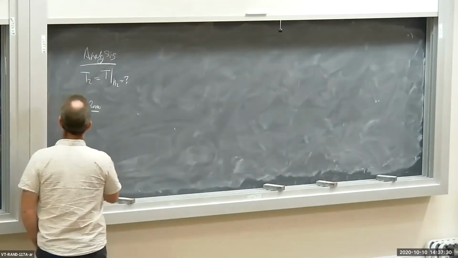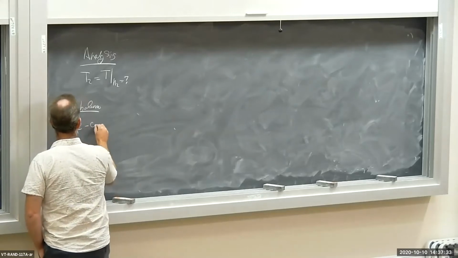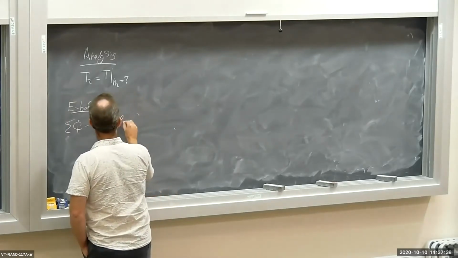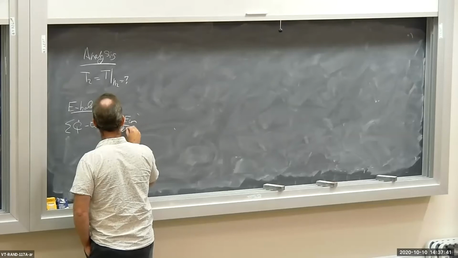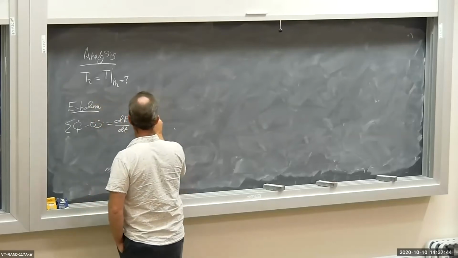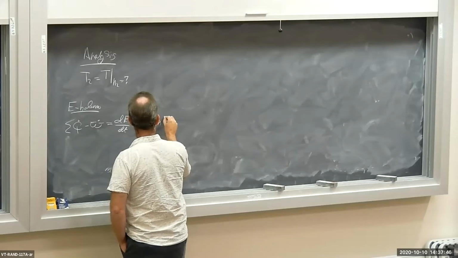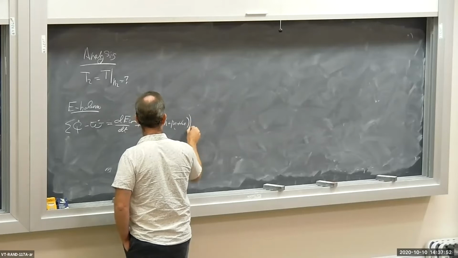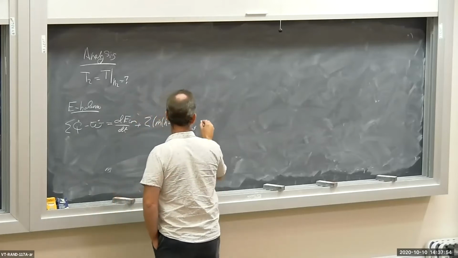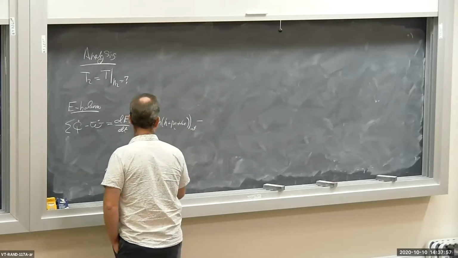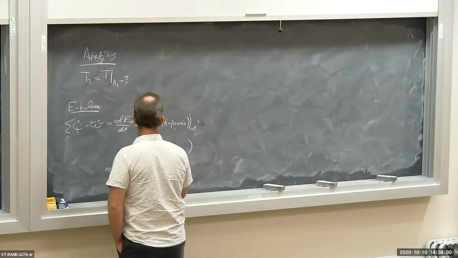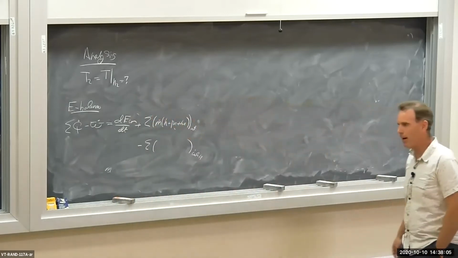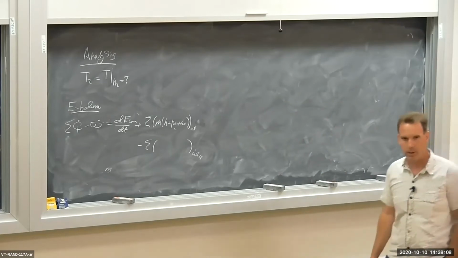I have Q dot minus W dot, and there could be multiple heat transfers going on, is equal to dE_CV/dt plus the sum of m dot (H plus PE plus KE) summed over all outlets minus the same thing summed over all inlets. Okay, so there's the energy balance for my nozzle.